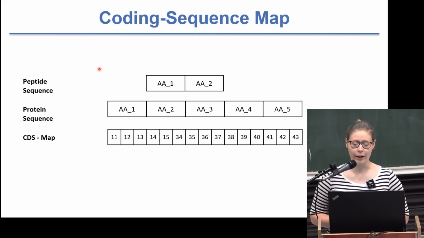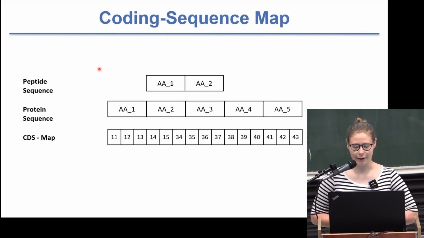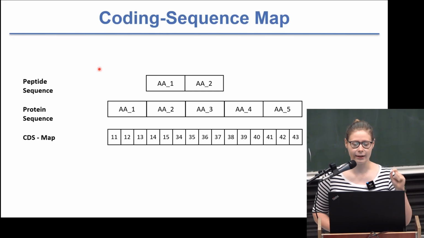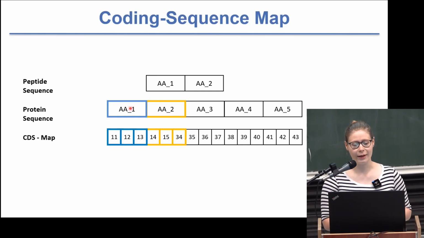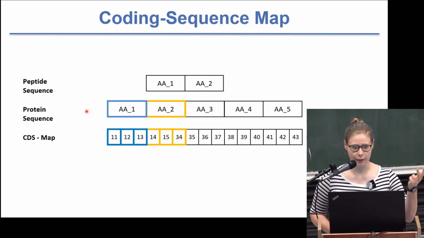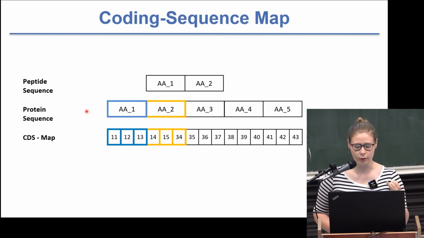And then you have a coding sequence map, which looks precisely like this. It's an array 3 times the size of the protein sequence filled with numbers. And each number in this array represents the exact number of a nucleotide within the genome. So, for example, amino acid 1 here is encoded by 3 nucleotides at position 11, 12, and 13 within the genome.